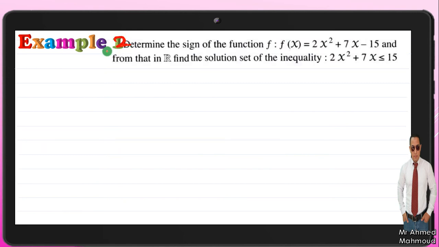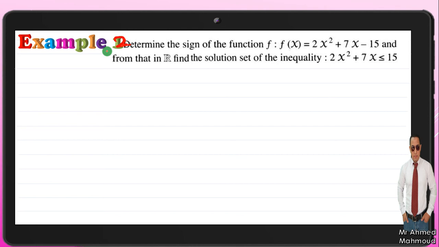Example 2, not example 1. Okay, in this example, determine the sign of the function f of x equal to 2x power of 2 plus 7x minus 15. And from that, in R, find the solution set of the inequality 2x power of 2 plus 7x less than or equal 15.